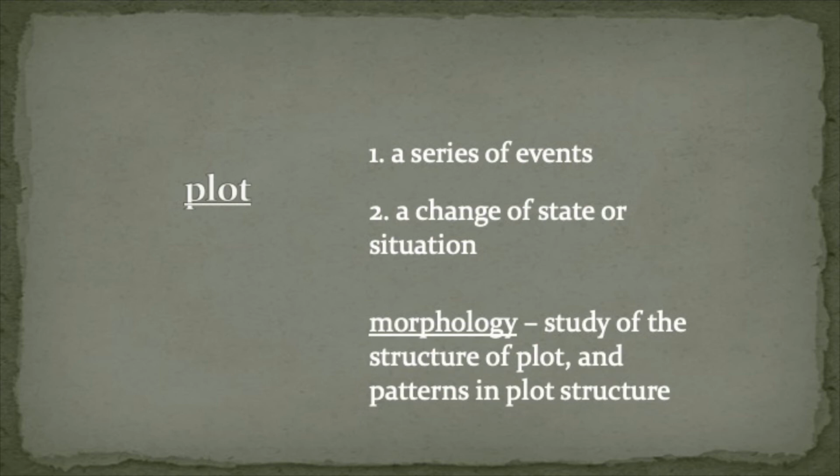So the plot of a story incorporates the series of events or the change or transformation or progression that takes place over the course of the story. So it's more about the form the story takes rather than the specific content. And for that reason, the study of the structure of plot is called morphology.